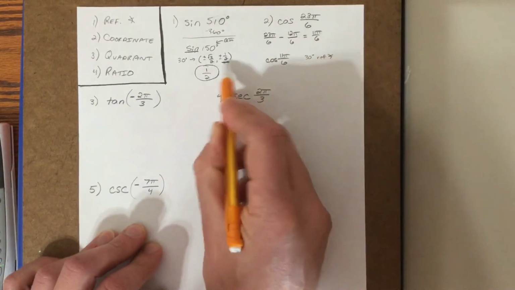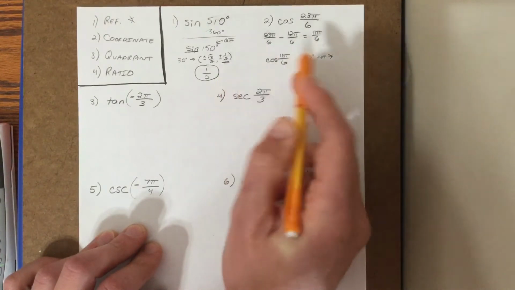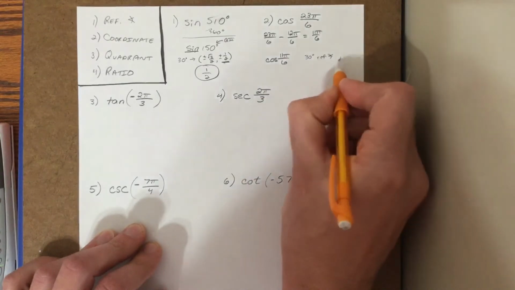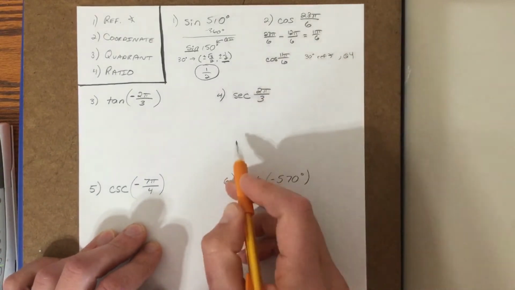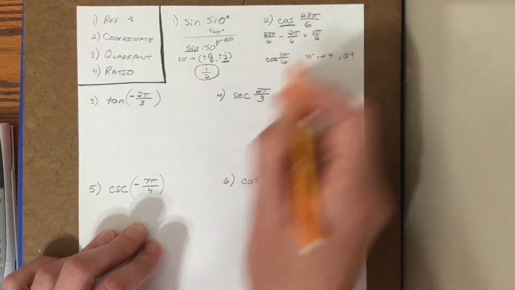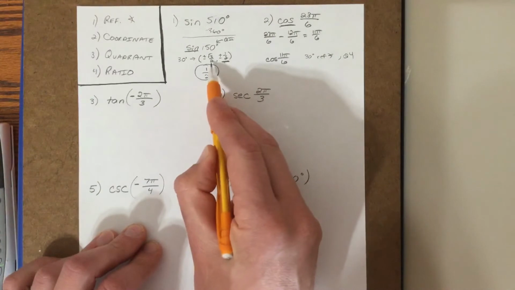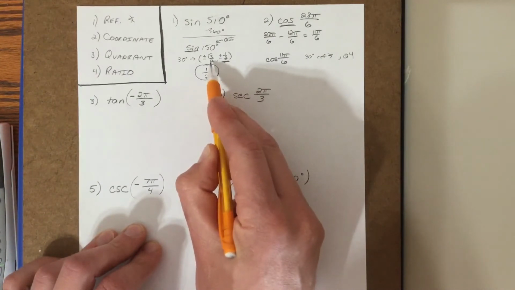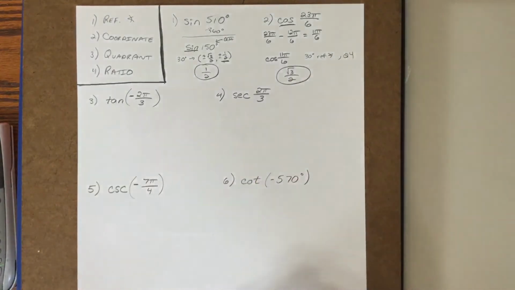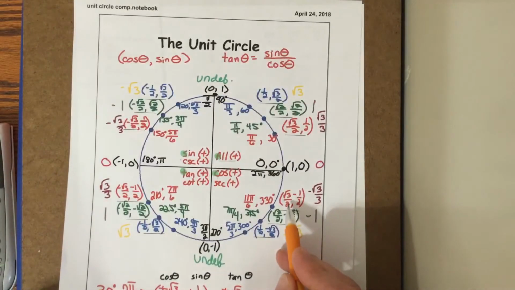So it's going to have the same coordinates that we have here, but 11 pi over 6 is located in quadrant 4. Quadrant 4's coordinates are positive, negative. Since we are dealing with the cosine, we're going to utilize the x coordinate, and as I just stated, we're in quadrant 4, so that x coordinate is going to be positive. So our answer here is going to be root 3 over 2, which again can be confirmed right here.